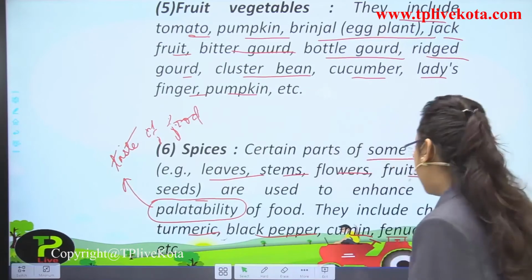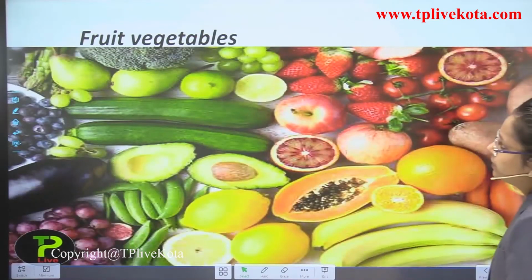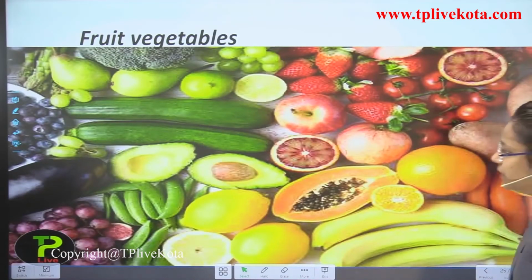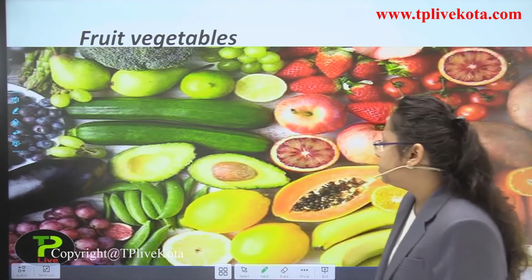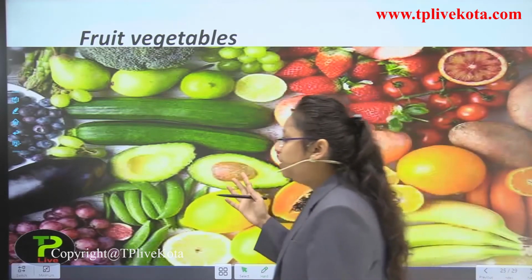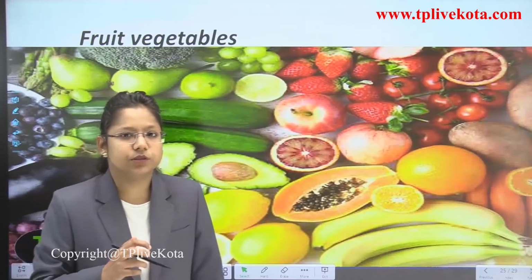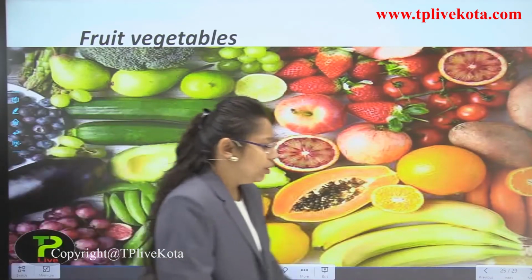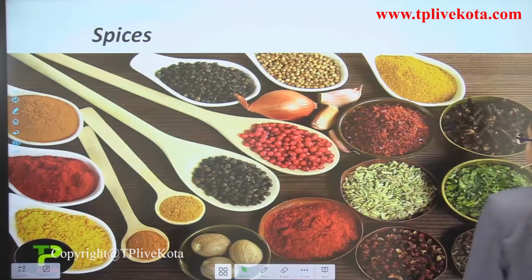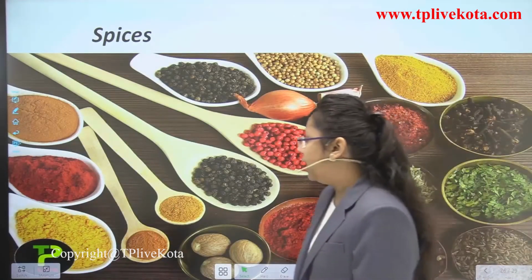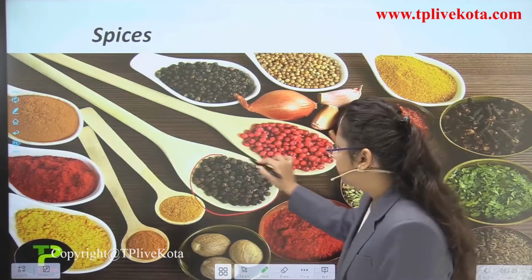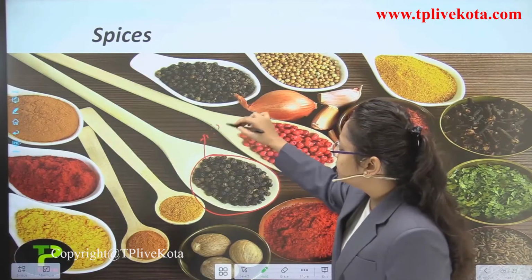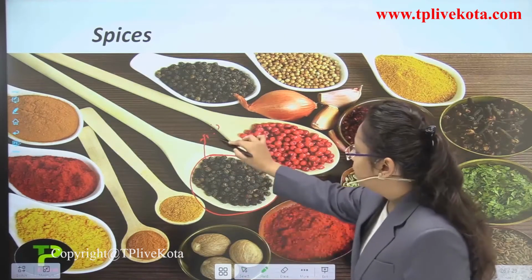So I am going to show you a chart of many kinds of spices and fruit vegetables. Fruit vegetables, you can see it. These are looking like what? Fruits, but they are eaten as vegetables also in our daily life routine. Now let us look at the spices. This is the black pepper. You should learn some names because they are very important for us.